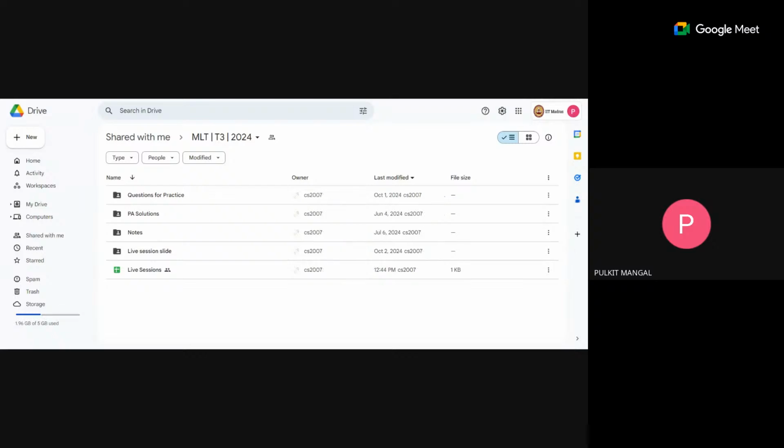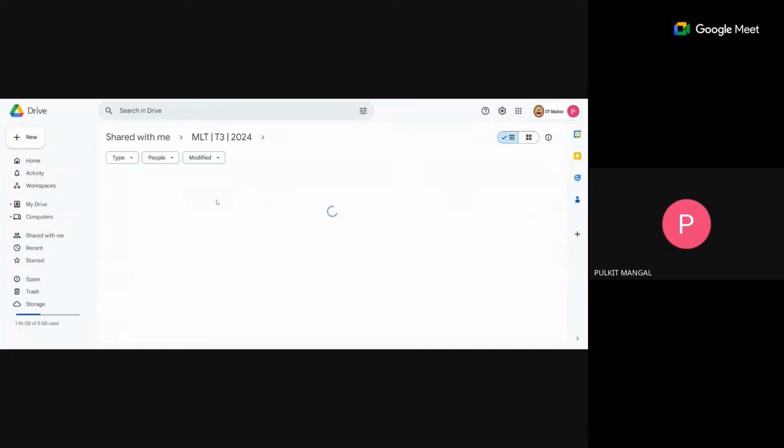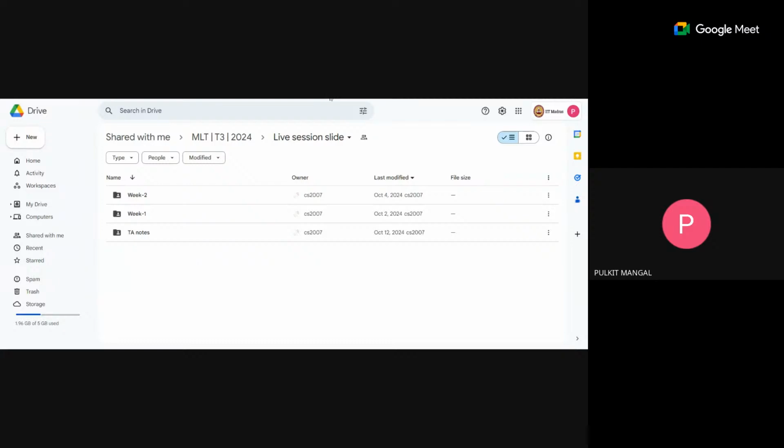For those who don't know, in the master folder, which is available in the supplementary content inside your portals, you'll find the folder MLT T3 2024. In that, go to the live session slides, and there's a TA notes folder. Inside that, there's a folder called Colab.